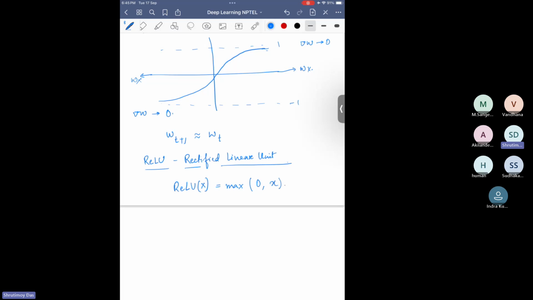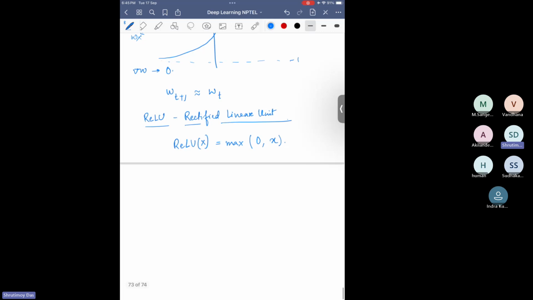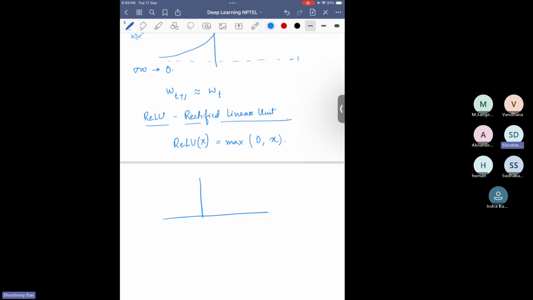If we try to plot it, it says that if something is less than 0, your ReLU of that is also 0, and if something is greater than 0, it is whatever value that you have, right? So now this solves a very important problem that we had.